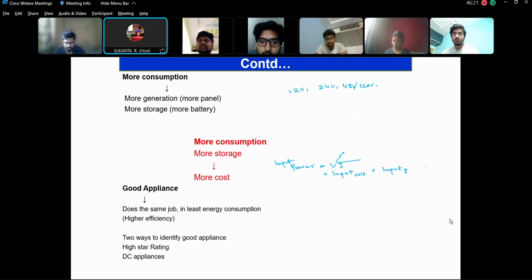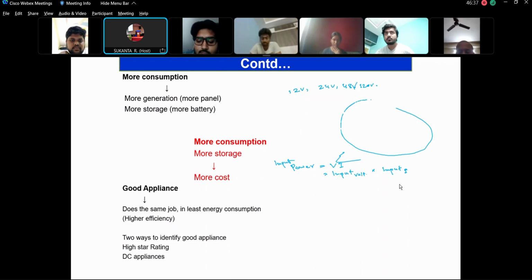So in this way, by measuring all the appliances, we can know how much energy they are consuming. Then this way we can design the size of the charge controller.